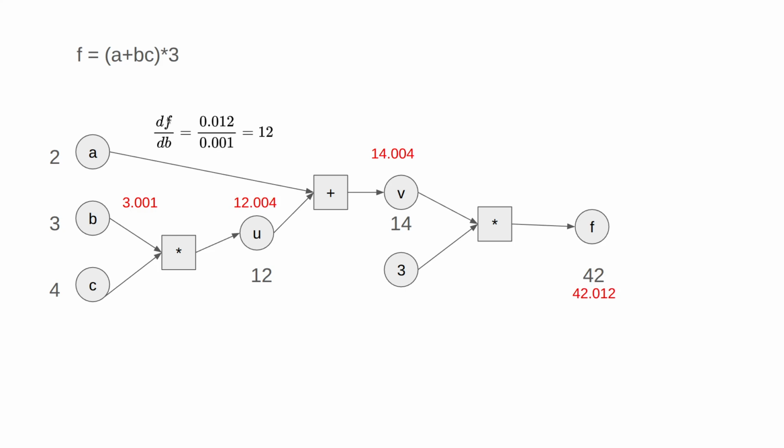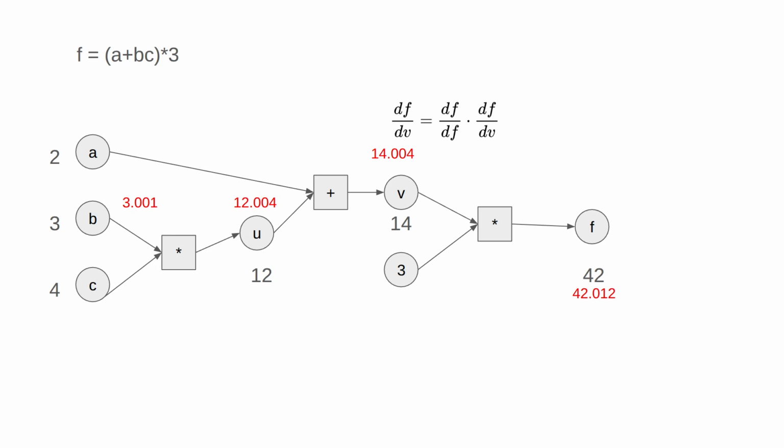It means that df over db will be 0.012 over 0.001, which will be 12 here. Okay, so we can do the numerical differentiation that way.